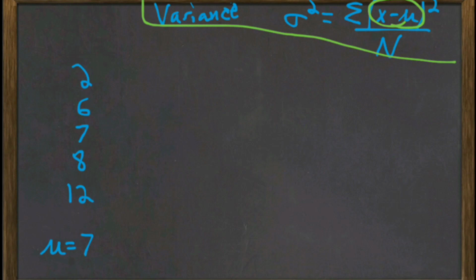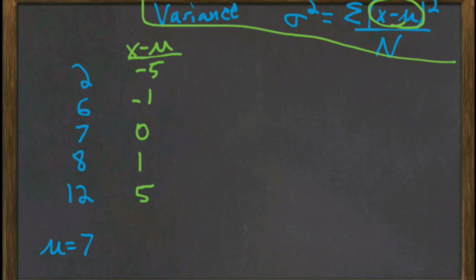So x minus mu is the deviation from the mean. As we already calculated, this is going to be -5, -1, 0, 1, and 5. And as is true for all deviation sums, this would sum to 0. Even if it's not symmetrical data, it would still sum to 0.